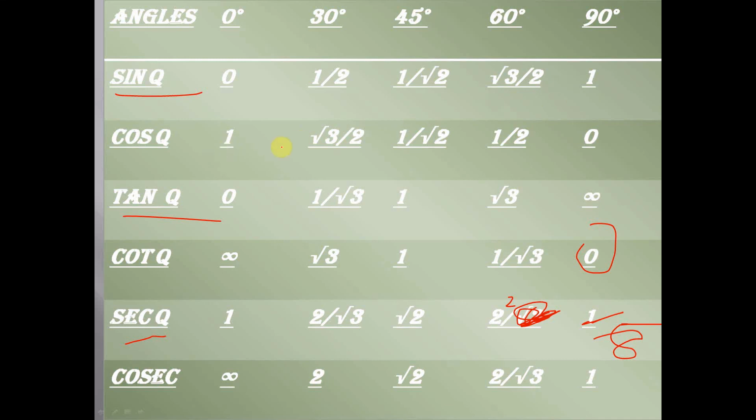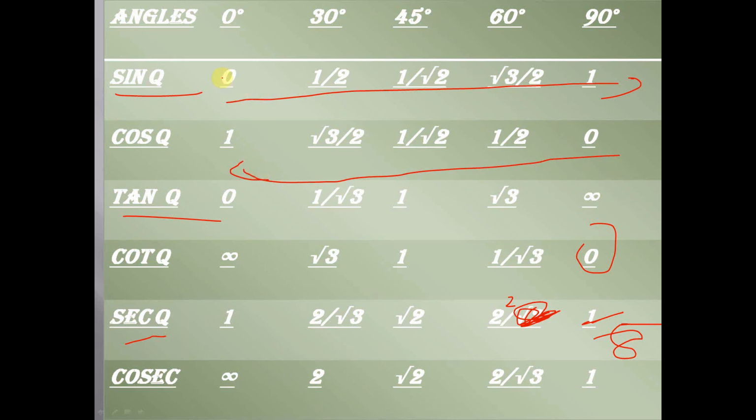Now see, 1, root 3 by 2, 1 by root 2, 1 by 2, 0. So the sin theta value is going like this, and the same values will go like this in cos theta.